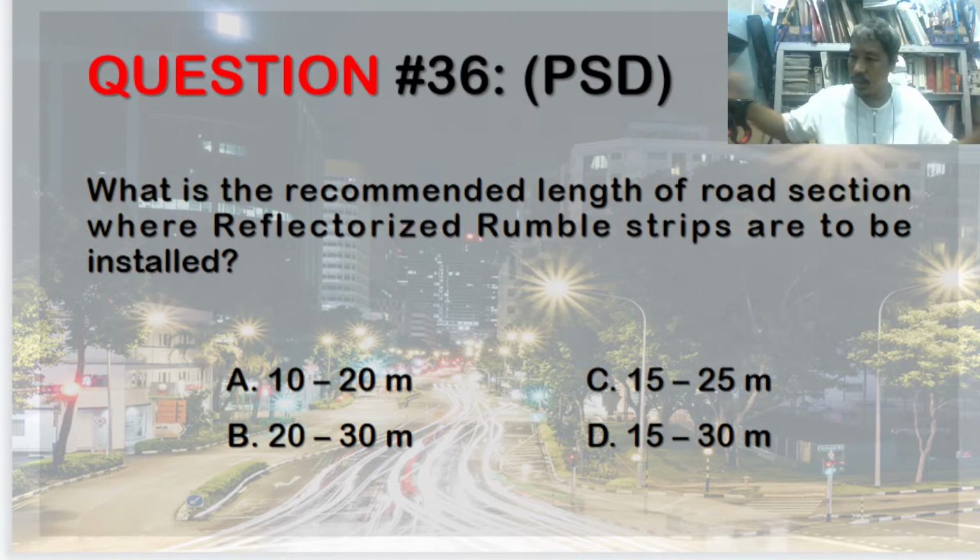What length of the road section must have rumble strips? Okay. So that is the question. A, 10 to 20 meters. B, 20 to 30 meters. C, 15 to 25 meters. D, 15 to 30 meters. The answer to this is 20 to 30 meters. Okay.